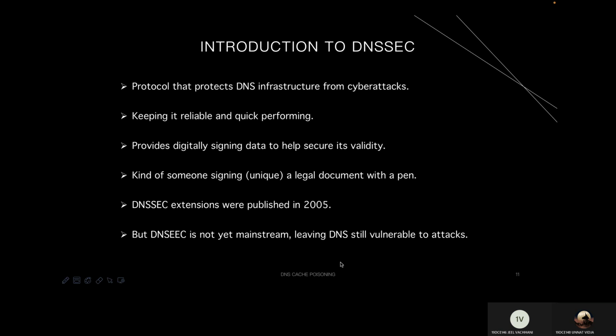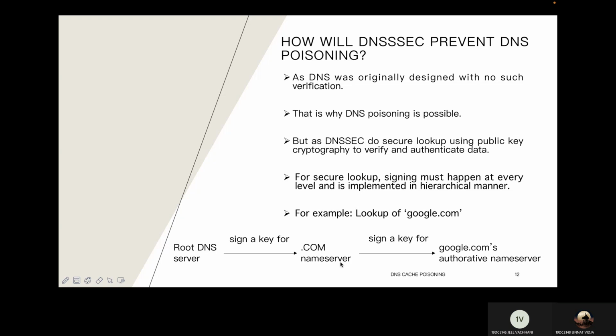Next, how will DNSSEC prevent DNS poisoning? Since DNS was originally designed with no such verification, that is why DNS poisoning is possible. But DNSSEC does secure lookup using public key cryptography to verify and authenticate the data.